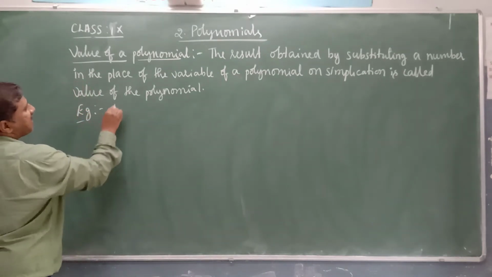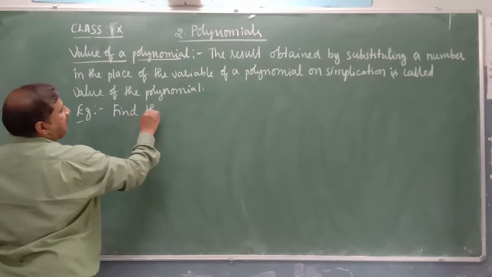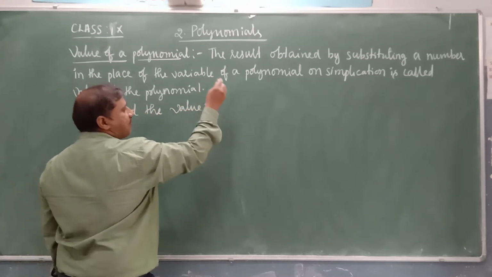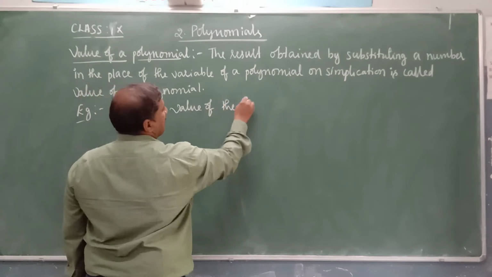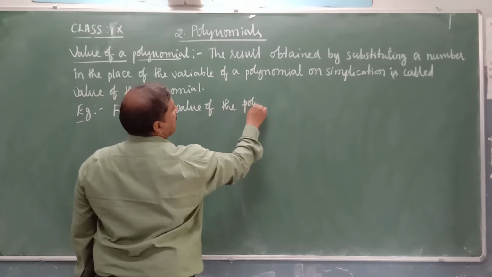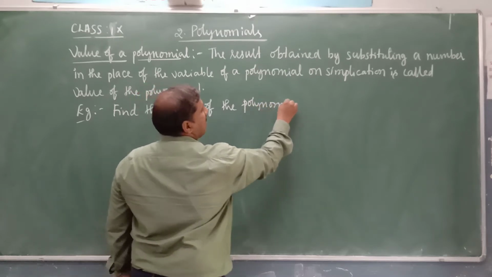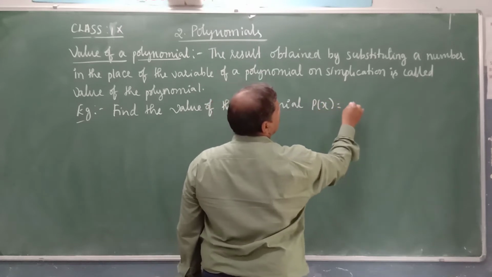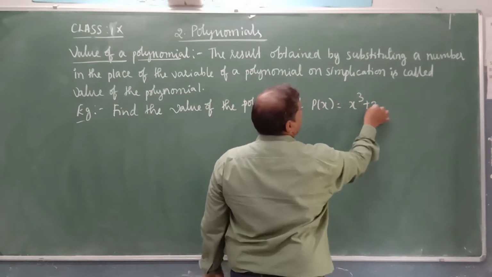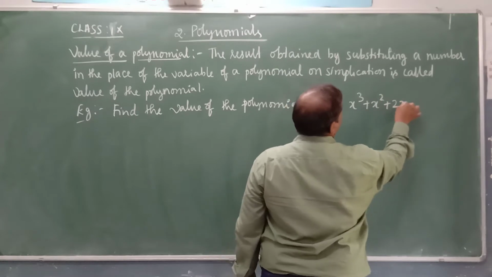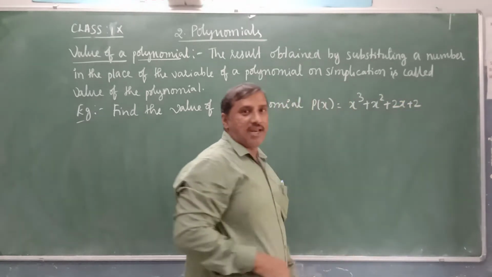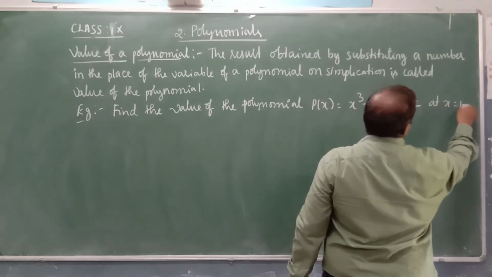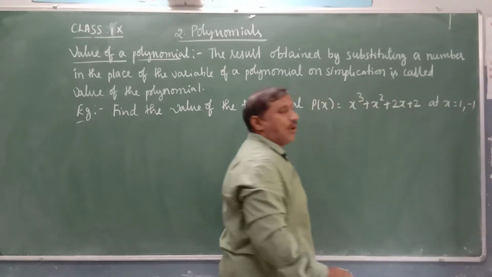Example. Find the value of the polynomial p of x is equal to x cube plus x square plus 2x plus 2 at x is equal to 1 and x is equal to minus 1.